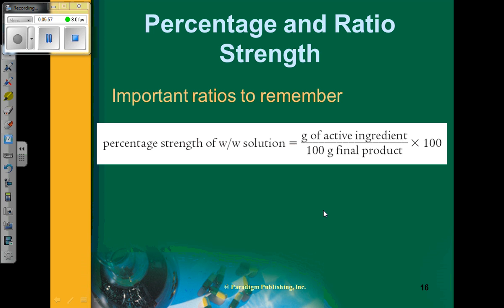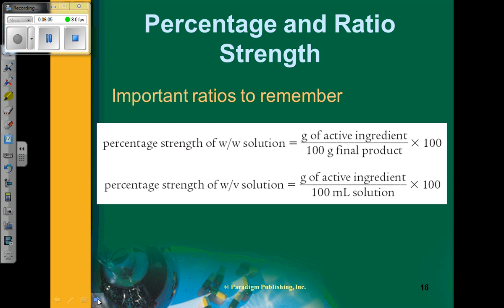Remember, your weight and weight solutions involve mixing two solids such as a dry powder and a cream. Your percentage strength of weight and volume equals X grams of an active ingredient over 100 milliliters of a solution, times 100. Remember, weight and volume involves adding a solid drug to a liquid such as a powder dissolved in a syrup.